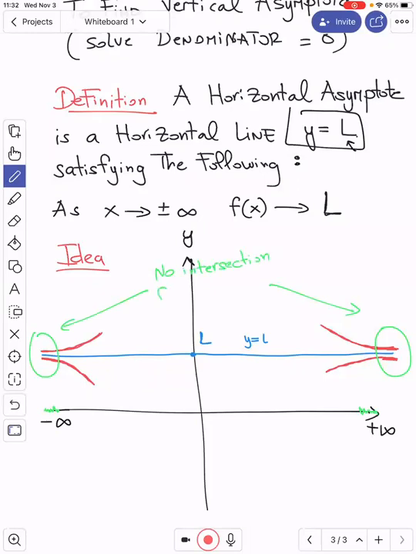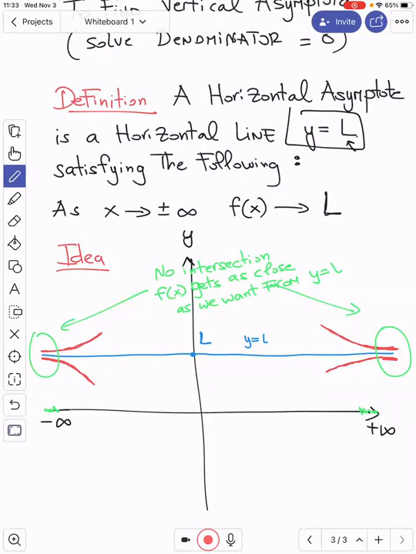But the graph of f is going to be as close as we want to the horizontal asymptote. So that's what we mean by the horizontal asymptote. As I said, as good news, there will be at most one horizontal asymptote: either one horizontal asymptote or none.